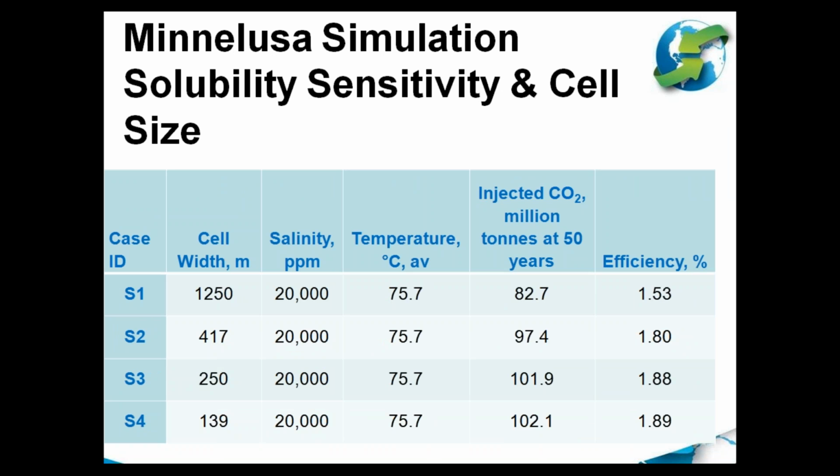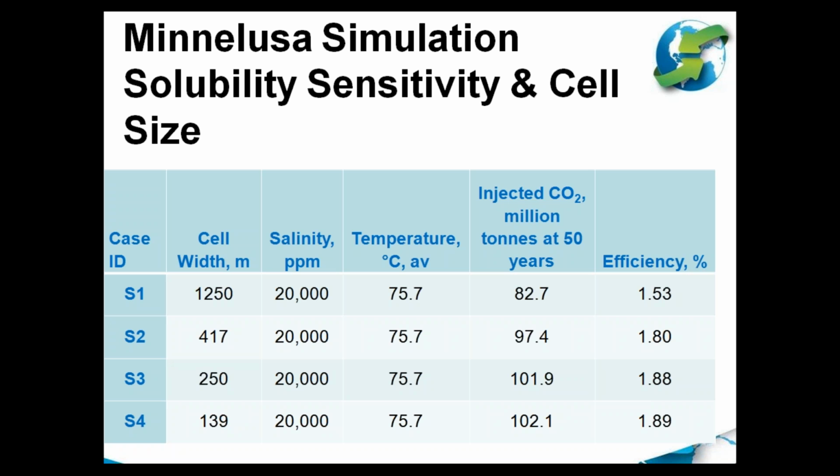Okay, so in terms of solubility, which was another feature to examine, one of the questions raised from stage one was the effect of solubility, and indeed trying to model solubility.